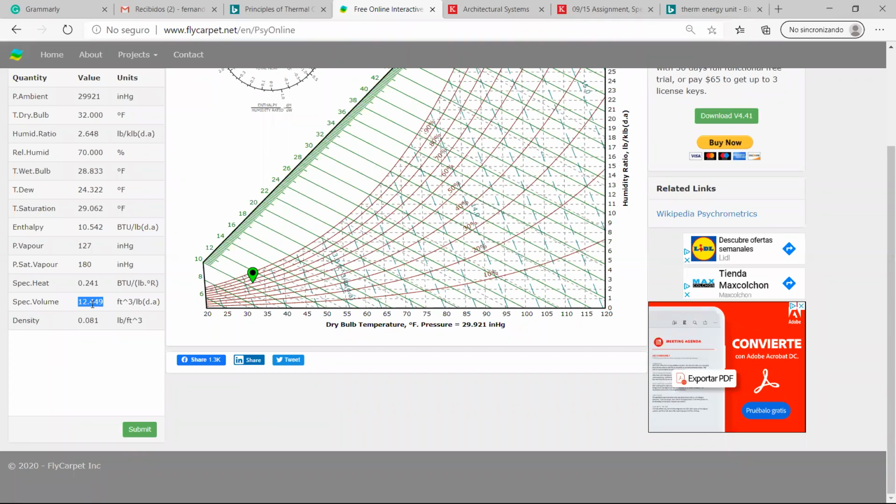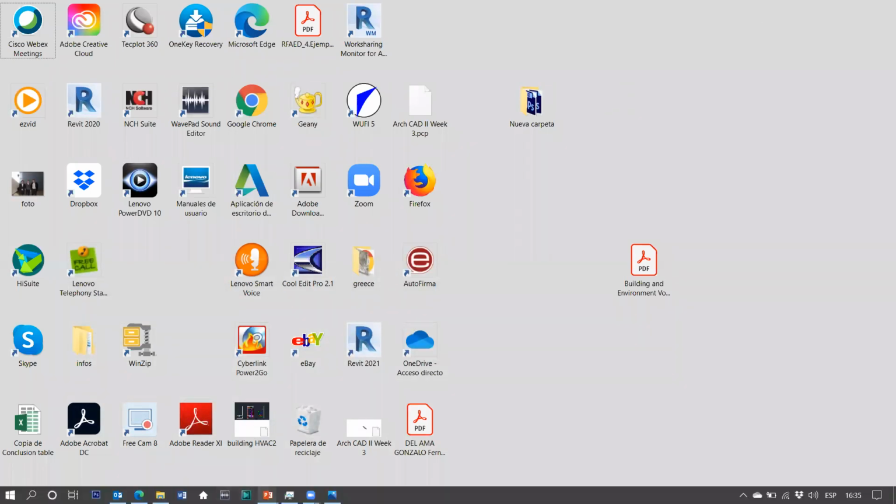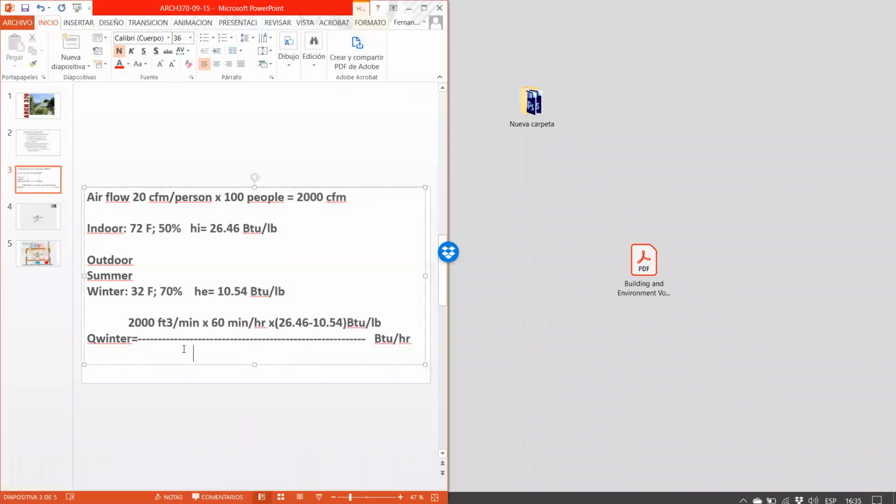If you write down 12.5, that's fine. If it's 13, that's fine, because we are not worried about decimals. Then we're going to divide this by 100,000. So 13 or 12.5, it's fine. And units are cubic feet divided by pounds.